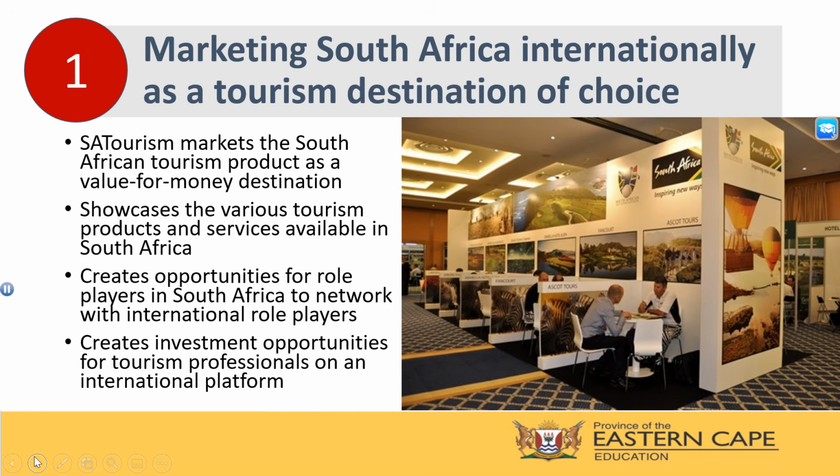We are still busy with marketing South Africa internationally as a tourism destination of choice, which is the first of SATourism's core business projects. You will see that SATourism markets the South African tourism product as a value for money destination.